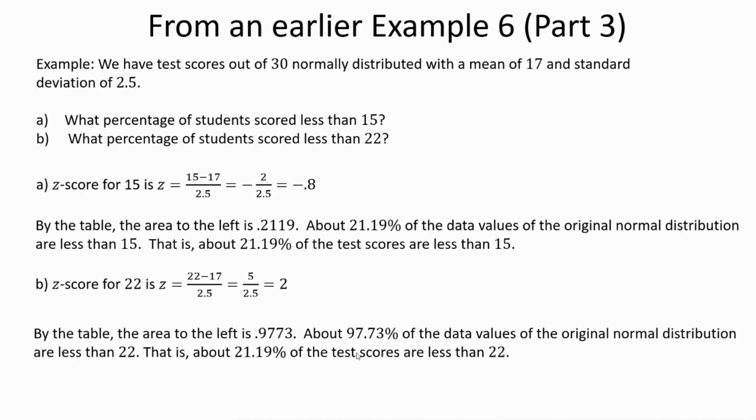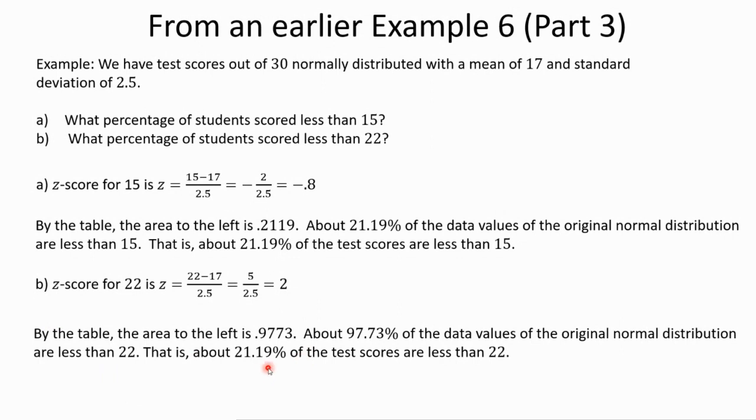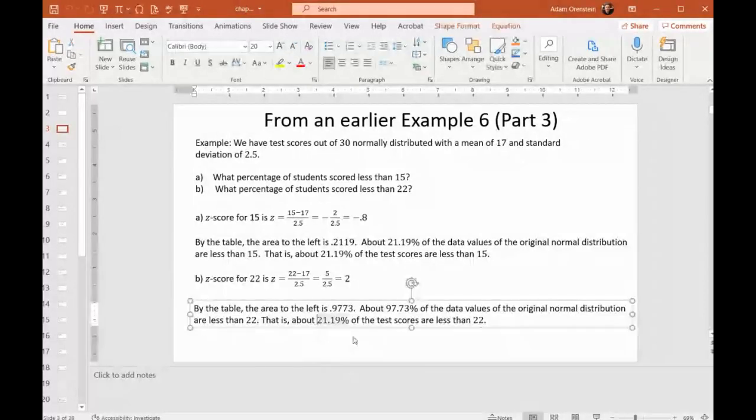So about 97.73% of the data values are less than 22 under the normal distribution curve given the test scores. So in other words, the answer is about 97.73% of the test scores are less than 22. Got to change that. There we go.